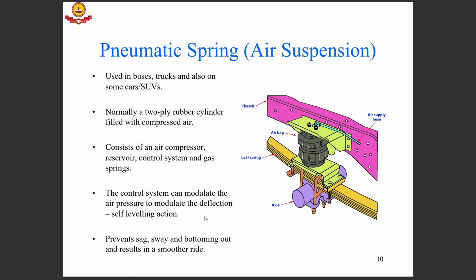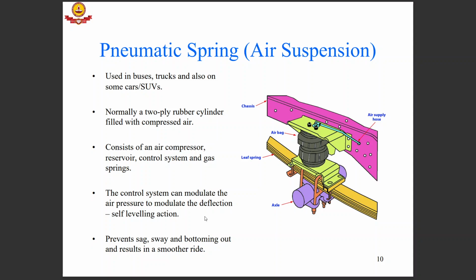where the stiffness can be adjusted by changing the air pressure, right? The control system can modulate the air pressure to modulate the deflection. So it will be of an active type suspension, where this kind of mechanism allows us to dynamically adjust if need be.